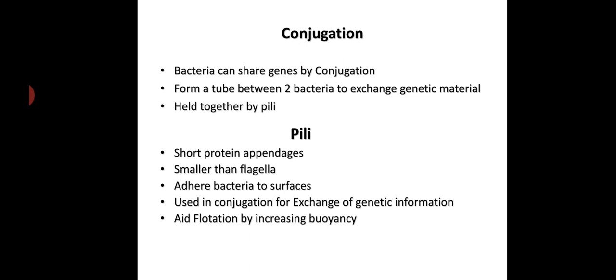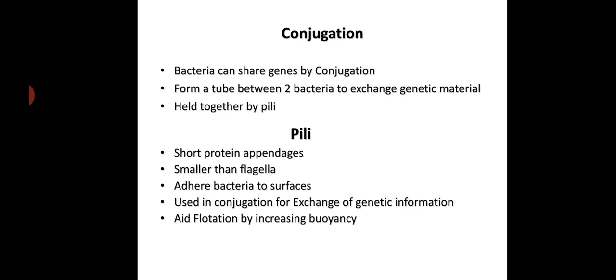A tube-like structure forms between two bacteria to exchange genetic material, called the conjugation tube. These bacteria are held together by a structure called pili. Pili are short protein appendages.